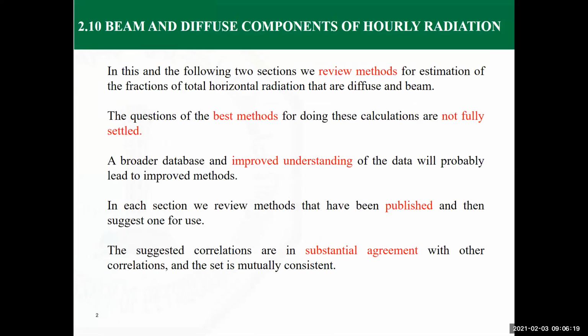So we are going to review the methods for estimation of the fractions of total radiation, which are basically diffuse radiation and beam radiation. There are variations in the ways the calculations have been done, but luckily these variations do not result in much difference in the end results, which means that you can apply different ways, but at the end you are going to come up with very close results.